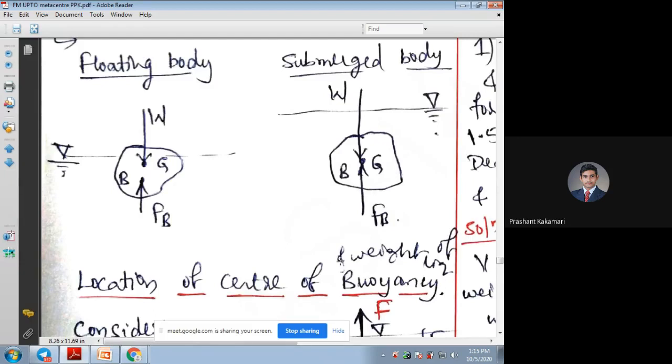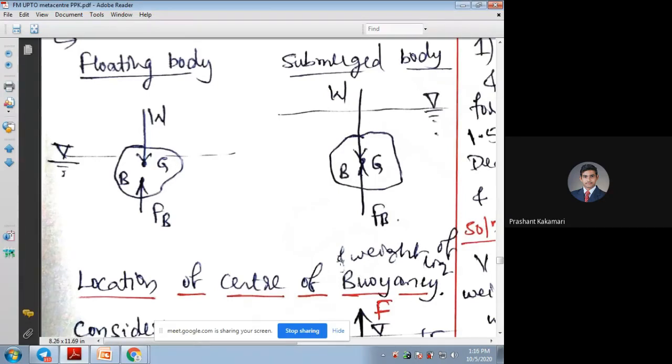Now we'll observe how to find the location of the center of buoyancy, and how it is exactly equal to the center of the liquid volume itself. I am also calling it the location of the center of buoyancy or weight of the liquid. Why? Because the center of the weight of the liquid is nothing but the buoyancy point as per the buoyancy principle.